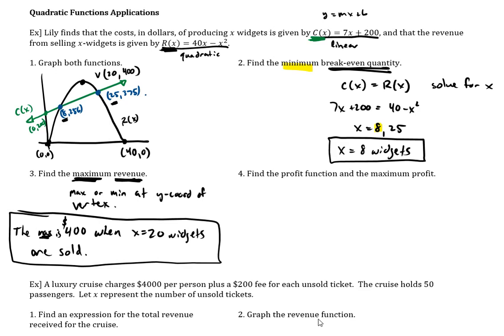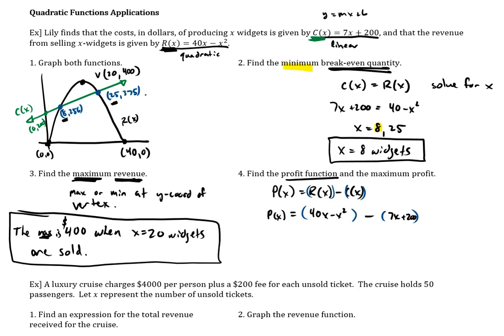Okay, and then number 4 in this problem is saying find the profit function. So profit function is the revenue minus the cost. And this is where we would use a substitution. When you sub them in, make sure to use those parentheses. So I have my profit function is the revenue, which is the 40x minus x squared, minus the cost, which is 7x plus 200.